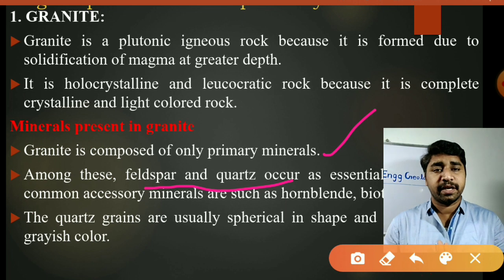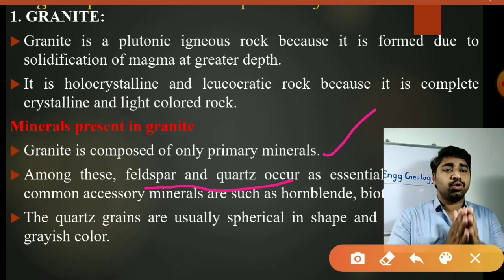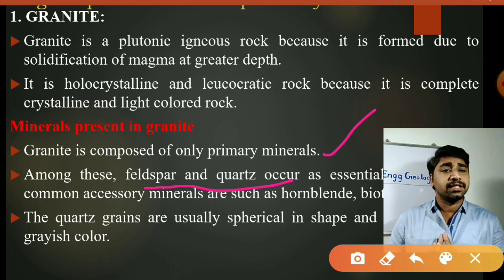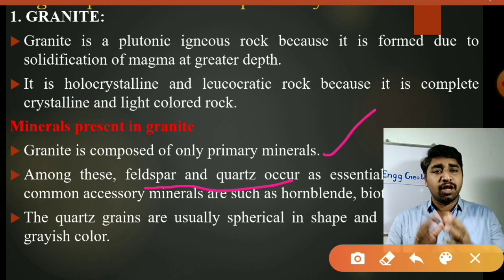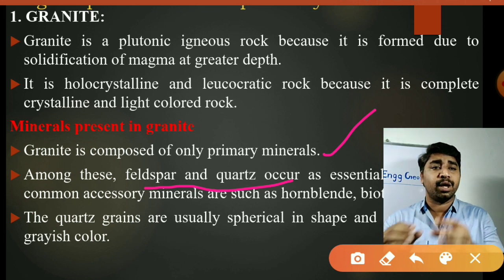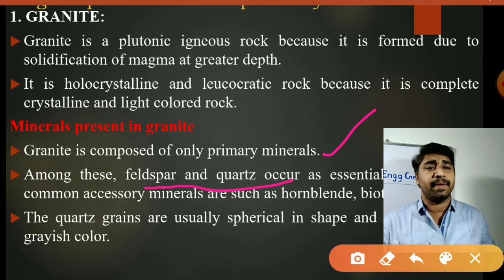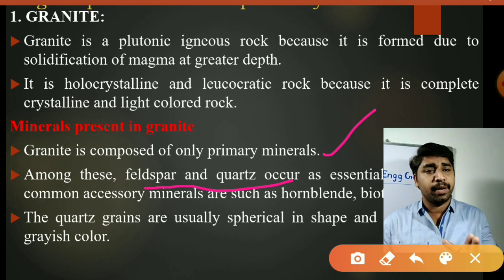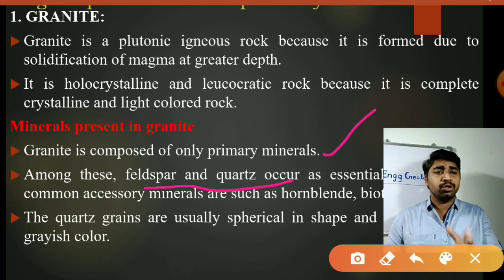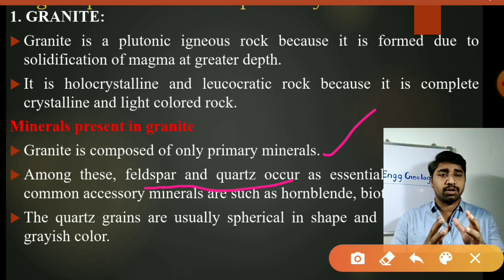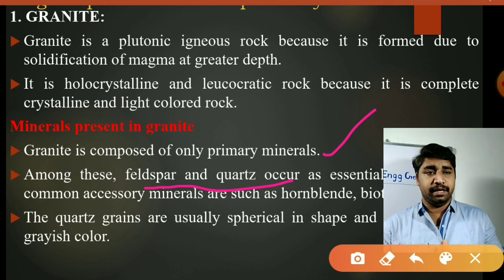We can categorize minerals into two types: essential minerals and accessory minerals. Essential minerals means without them we cannot say that it is a granite, or a pegmatite, or a basalt. These are the minerals which should be present in that particular rock to say that it is a particular type or family of rock. Those minerals are called essential minerals.